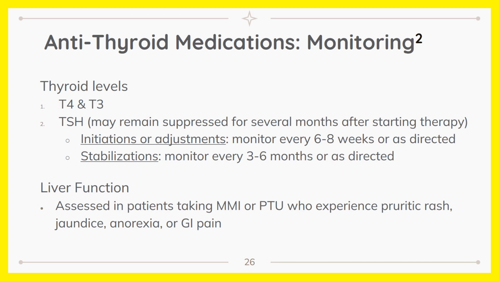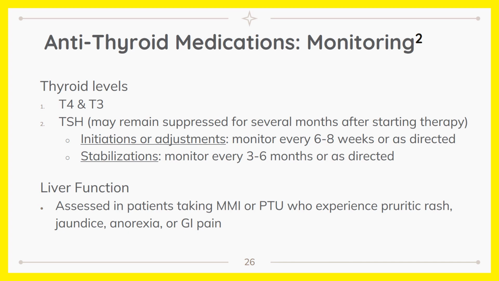When patients are taking anti-thyroid medications, it is very important to monitor their levels of thyroid hormone, so T4 and T3 as well as TSH. But a side note is that TSH may remain suppressed for several months after initiating therapy, so it is not always a good parameter in the early course.